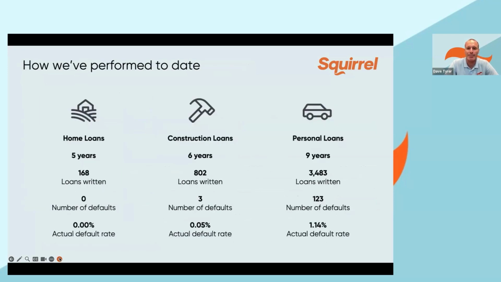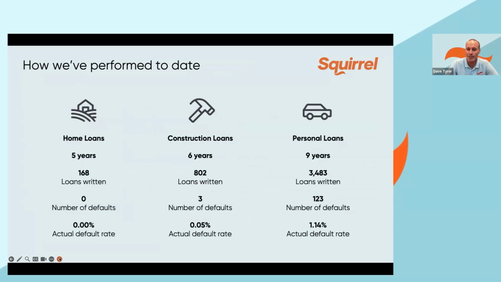Here's our performance today. If I go through each of the 3 main lending portfolios, so home loans, we've been running for 5 years. We've written 168 loans. We've had no defaults, so there is no default rate that I can even report to you. For our construction loans, we've been running for 6 years. We've written 800 loans.